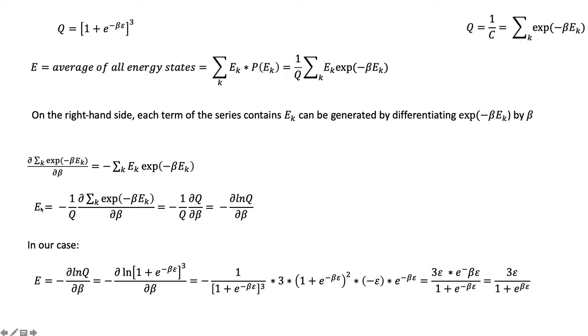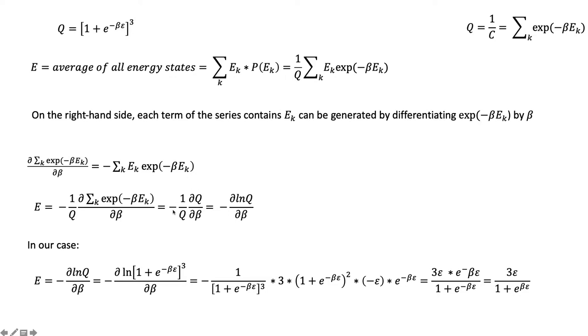So now we can rewrite E as negative 1 over Q, the negative coming from here, times the derivative of the sum of exp negative beta ek with respect to beta. And this sum is also Q. So we can rewrite it as negative 1 over Q times dQ d beta.